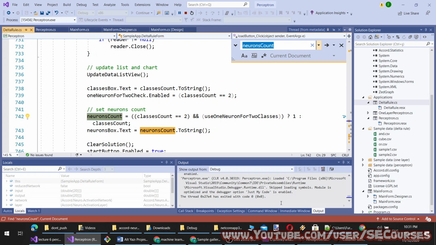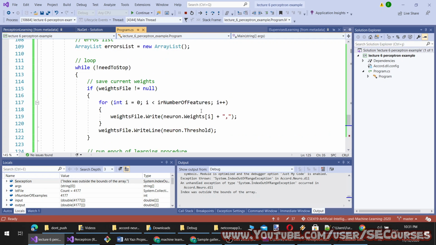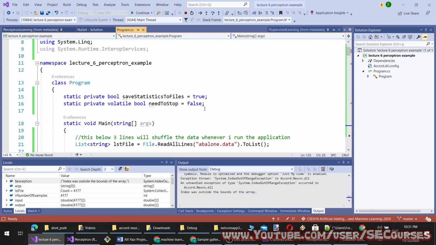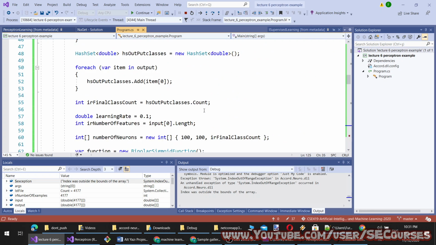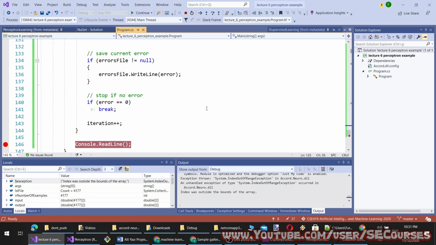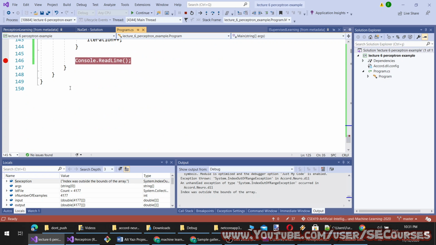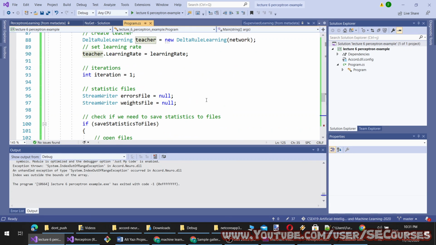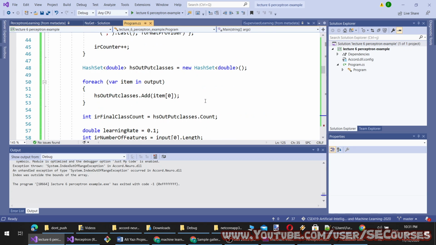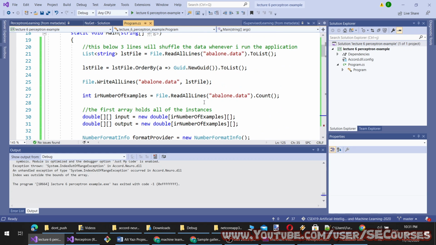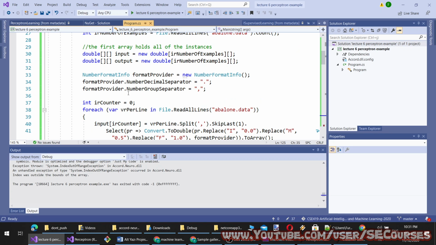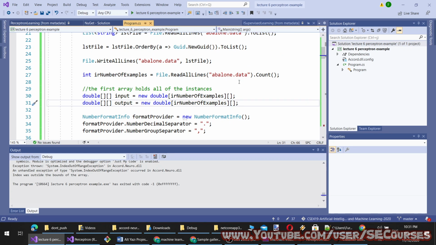I see, okay. So we have to set the output differently. Yeah, I see.